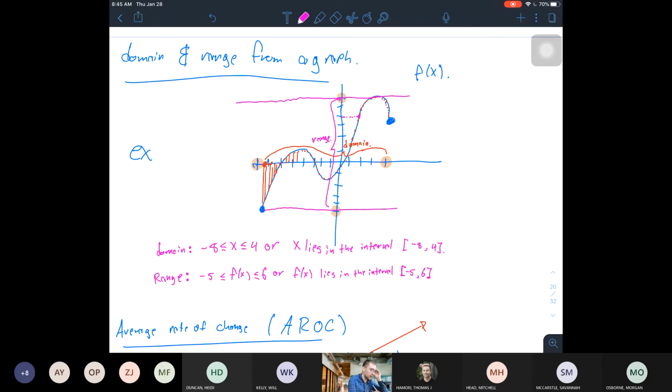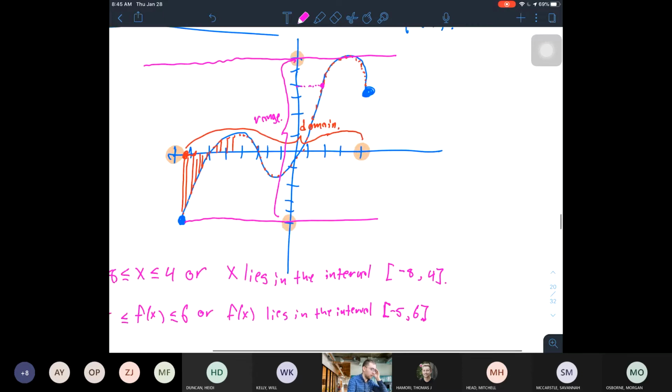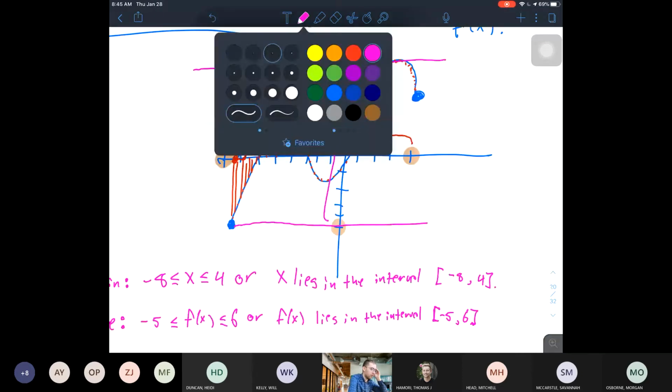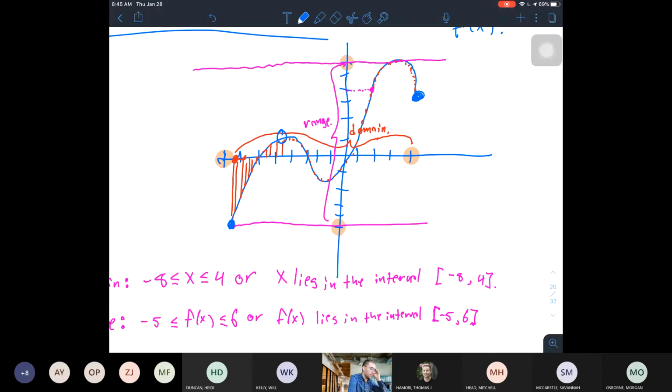And the domain is going to be the smallest possible x value up to the largest possible x value. And we do need to be careful if we were to have something like a hole here on our graph where our function isn't defined. We have to make sure that we exclude that point from the domain. Okay, so that's something to be careful about.